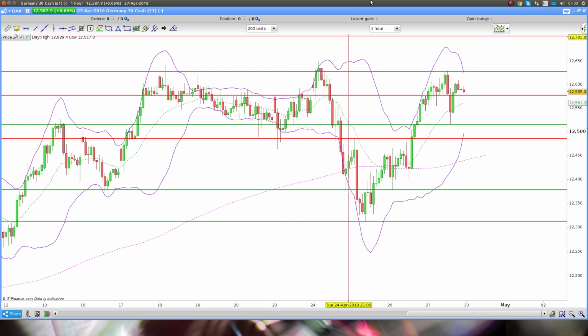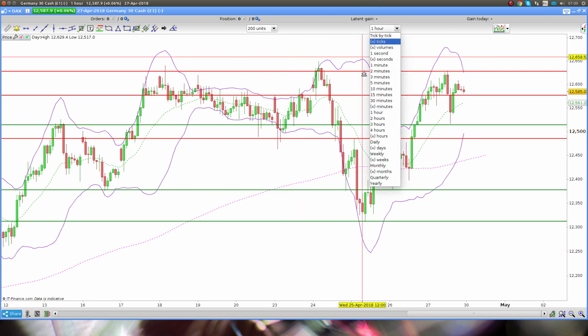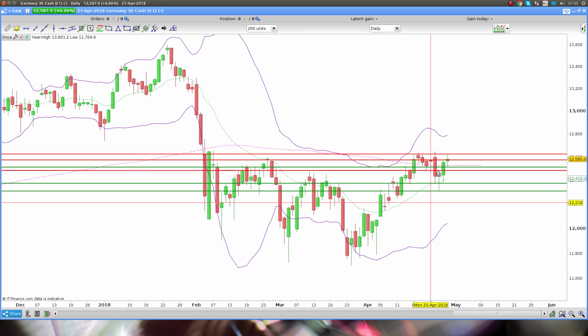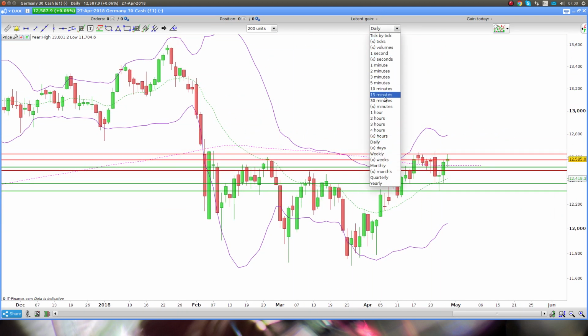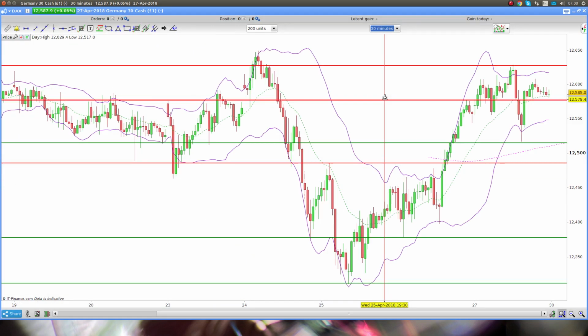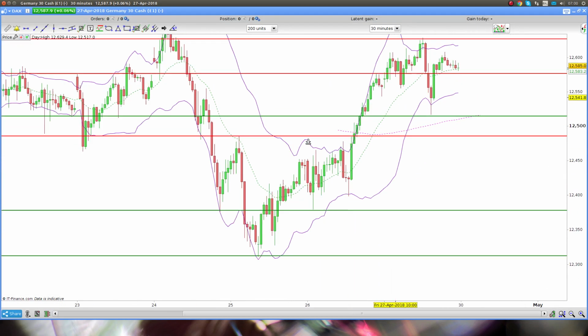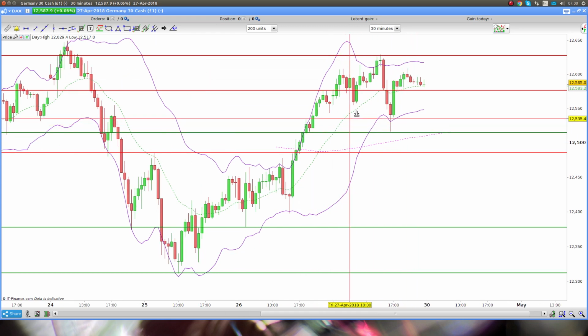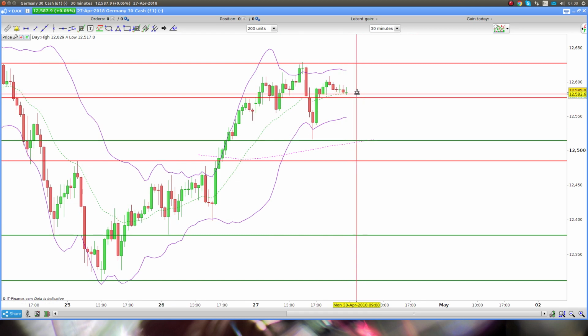And I'm showing you daily levels here, and you can see how the daily levels interact with intraday trading. You can see where your daily entries and exits are, because the first thing you're going to ask yourself is when price opens.